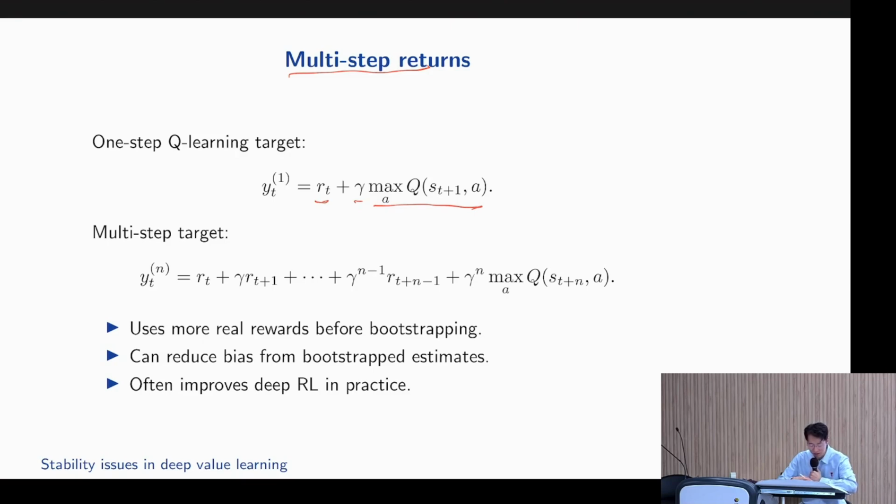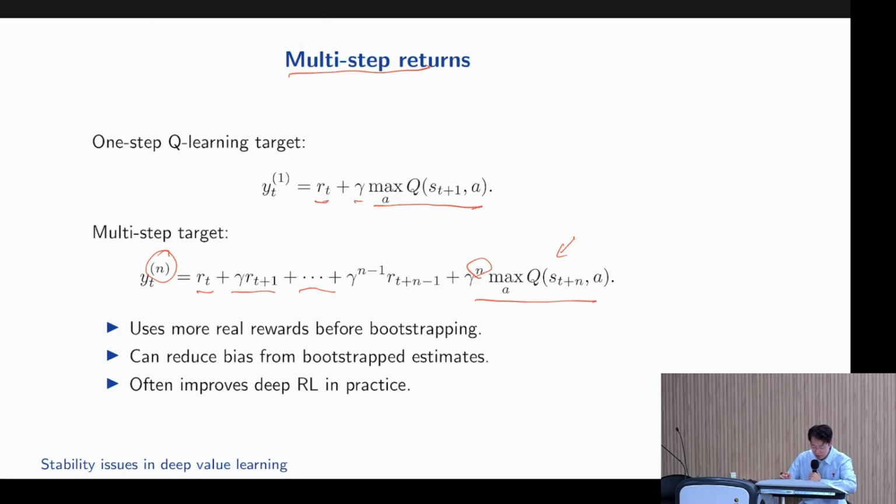And the multi-step target looks n steps ahead: the discounted sum of rewards, so the immediate reward, the discounted next step reward, etc., for n steps. And onwards, you use max over the Q, or the expected reward starting from the n-th step forward.